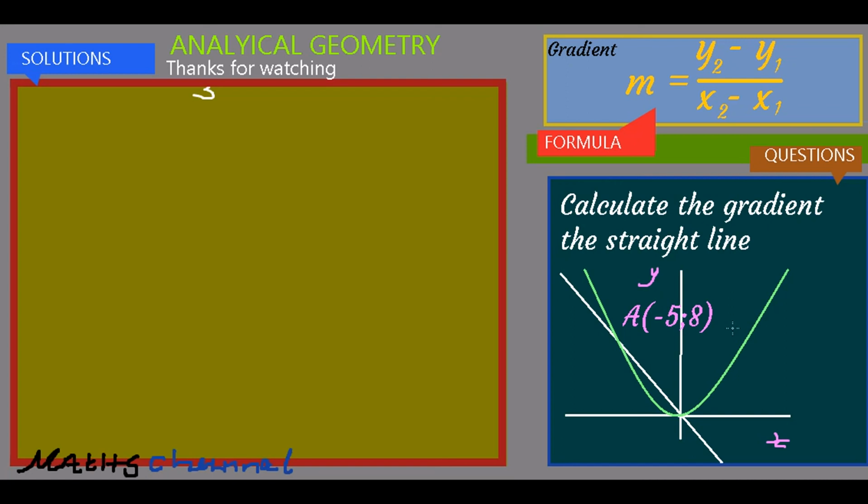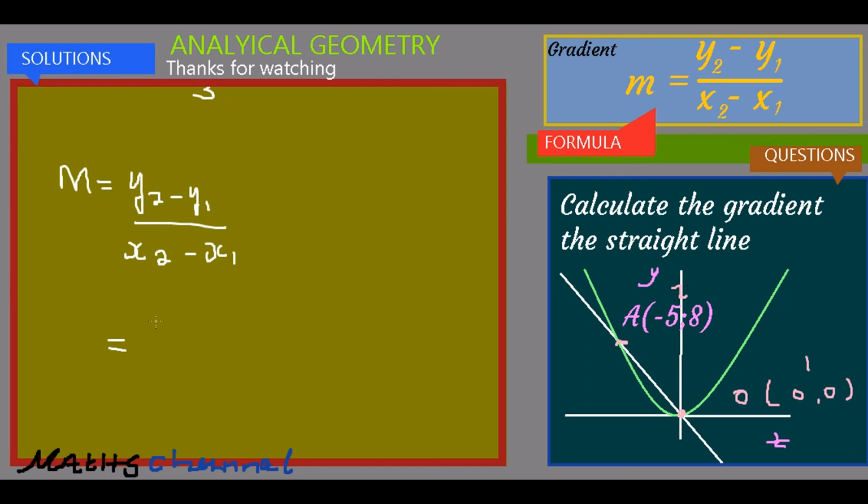So let's check this one. Here we're given 1 point and the other is not given, but you have to know that the origin is 0 and 0. So finding the gradient for this one, this is our 2, our 1s.